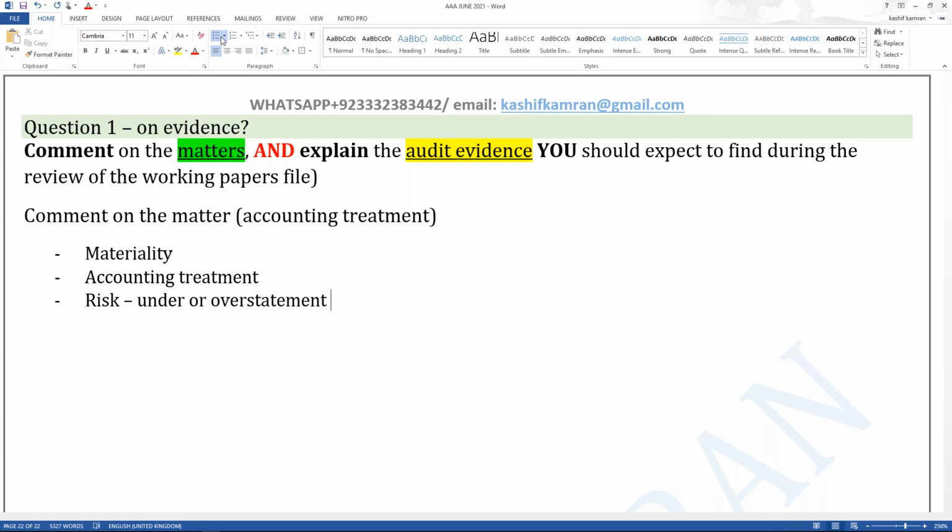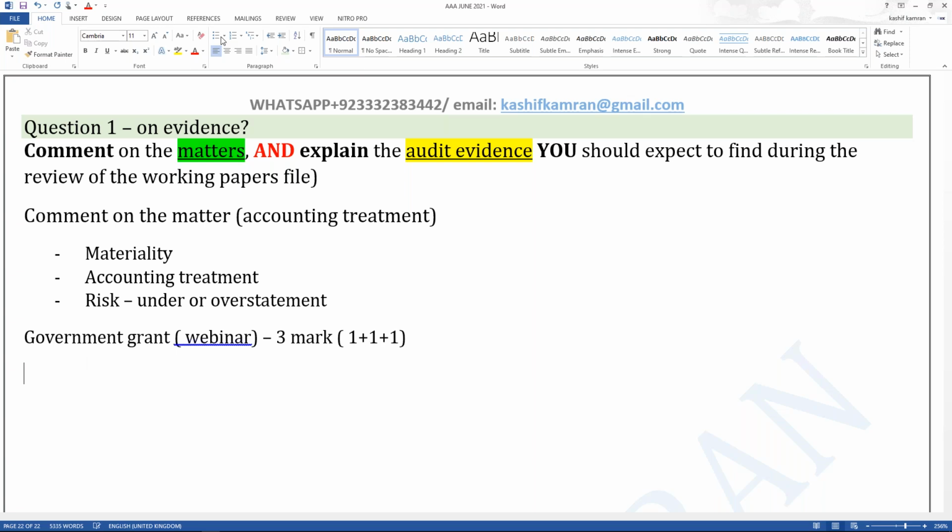Now, when I was writing the government grant with you in the webinar, I got 3 marks by writing the paragraph, because there was one materiality, one accounting treatment, and one risk, right?